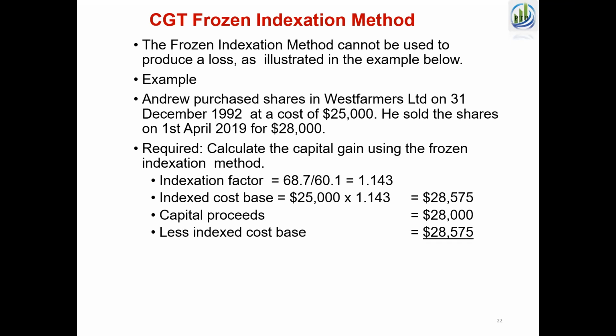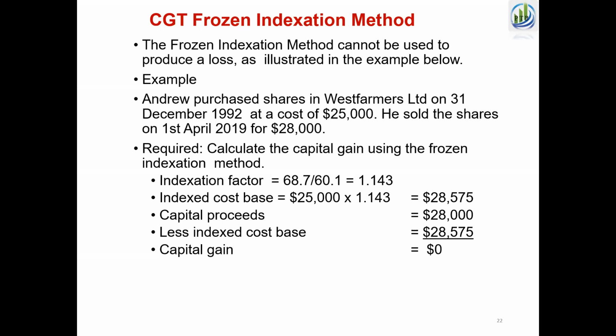So in that case, if you make a loss, you cannot make the loss using the indexation method. Very clear here. They are saying you cannot make a capital loss using the indexation, but you can make it zero, right? Capital gain, zero. You are saying I'm going to use the indexation method, but I'm not going to make the loss. That's fine. I calculated my capital gain will be zero.